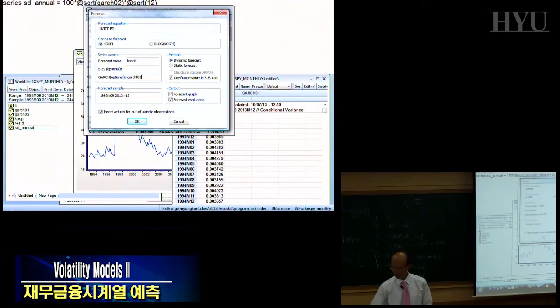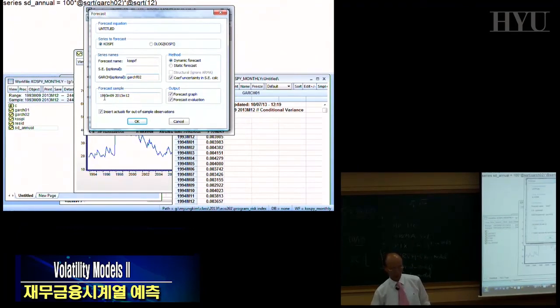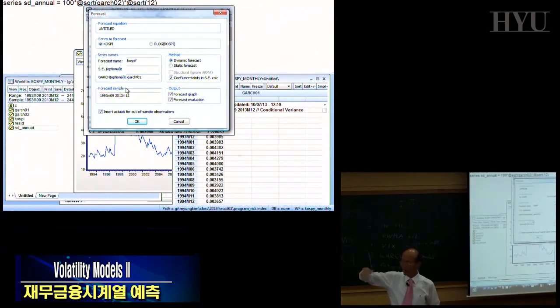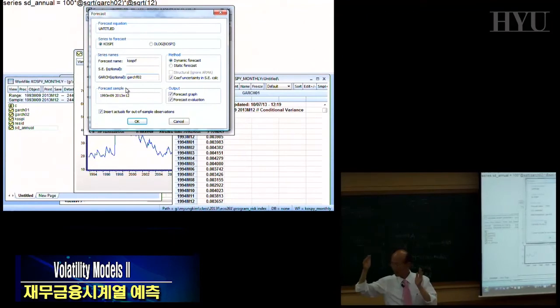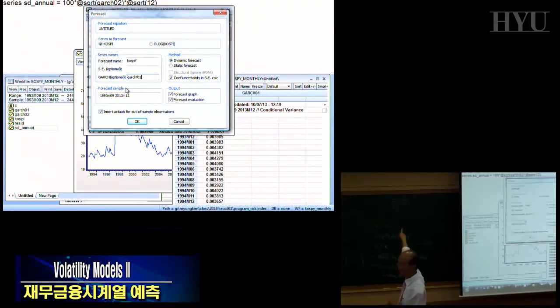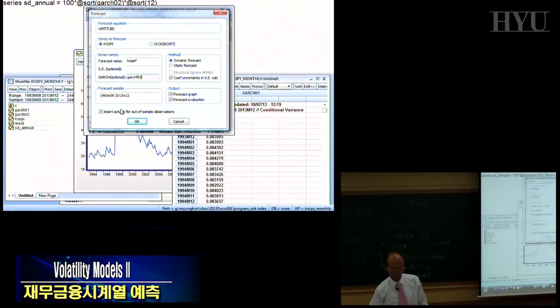That's a forecast, okay? And then forecast sample, if you just use the whole sample period as forecast sample, then it will report in-sample fit as well as out-of-sample fit, right? In sample, we have that already, right? By calculating this figure. So let's take a look at forecast horizon only. So this month and on, like that, okay? So this is out of sample.